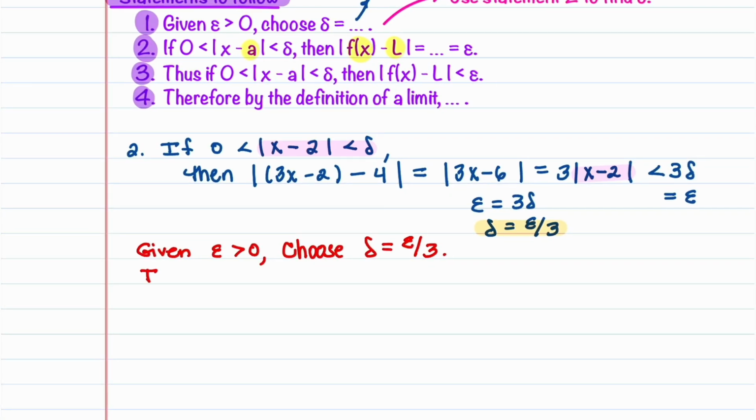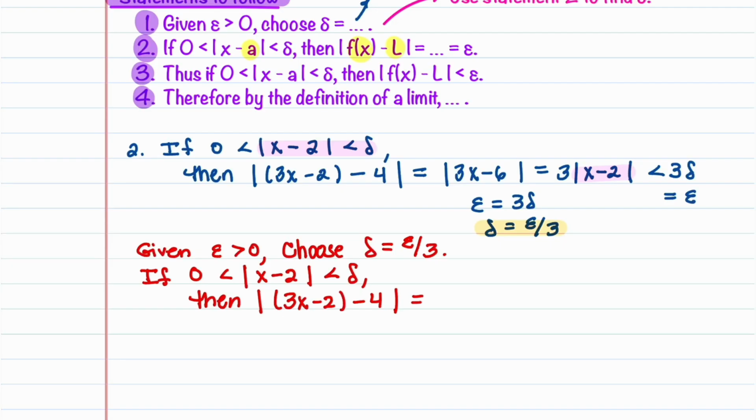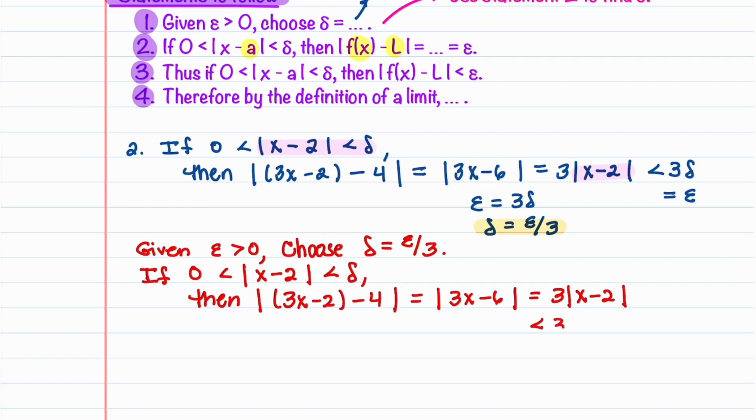Now we're going to say if 0 is less than the absolute value of x minus 2, plugging in a is 2, is less than delta, then the absolute value of f of x, which is 3x minus 2 minus 4, I know we're repeating what we already did, but you have to do that with the proof, is equal to the absolute value of 3x minus 6, is equal to 3 times the absolute value of x minus 2, is less than 3 delta.